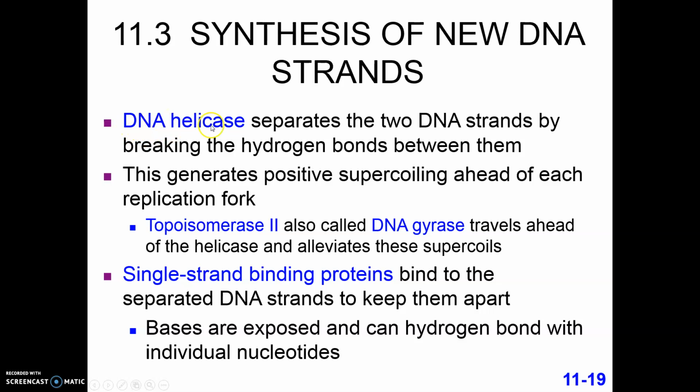So DNA helicase, which we've already been introduced to, is the protein that gets loaded onto a single strand after you get that bubble forming at the origin of replication. DNA helicase is responsible for moving in a 5' to 3' direction and separating the two DNA strands by breaking the hydrogen bonds between them.